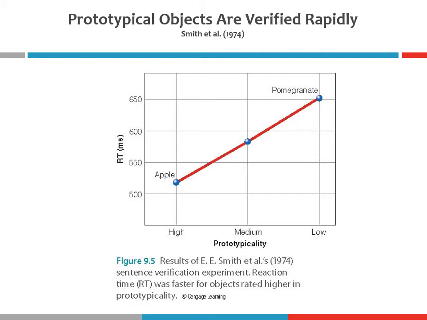So going back to the bird example, if your prototype for a bird is based on your experience with robins, sparrows, and blue jays, and you see a penguin or an ostrich, there's not going to be a lot of similarity between your prototype and this bird. So it's going to take you longer to determine whether it is a bird or not. Whereas if it highly resembles your prototype, it's going to be easier for you to make that determination.